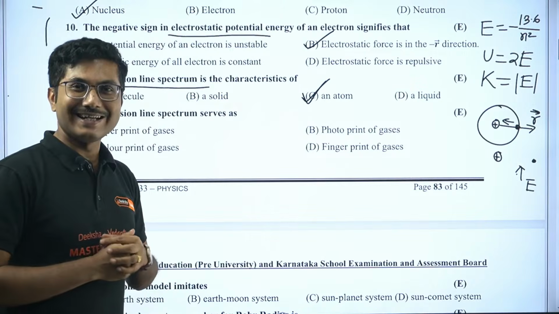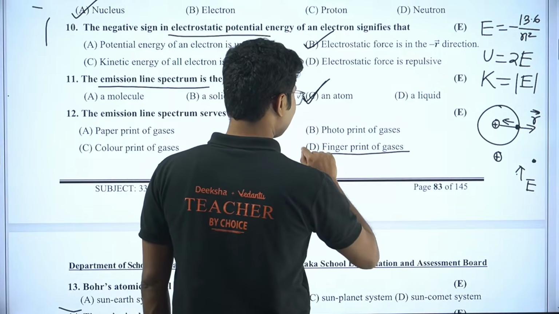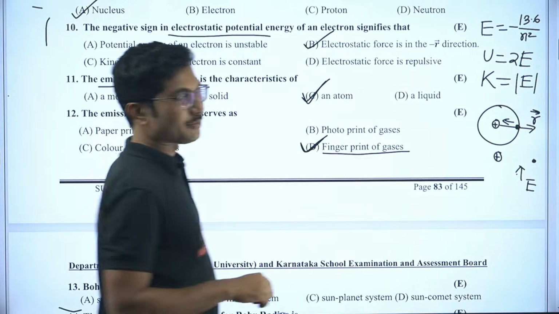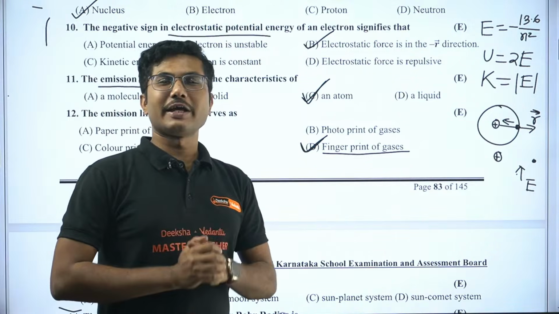For that they need something which is called a fingerprint. The emission line spectrum is called the fingerprint of gases because it is unique, just as a fingerprint is unique for every person.